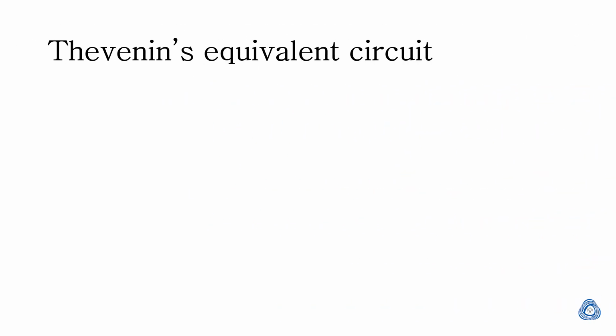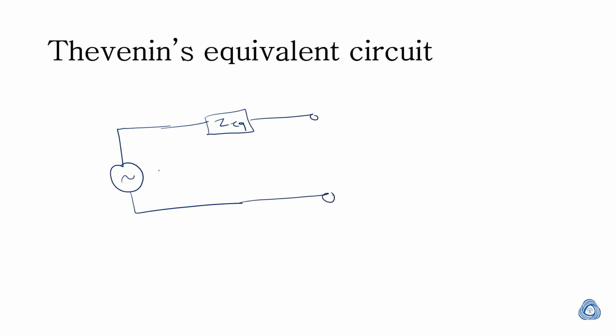So now we have to redraw the circuit. This is your source and this is your Z equivalent. This is your VTH and Z equivalent.